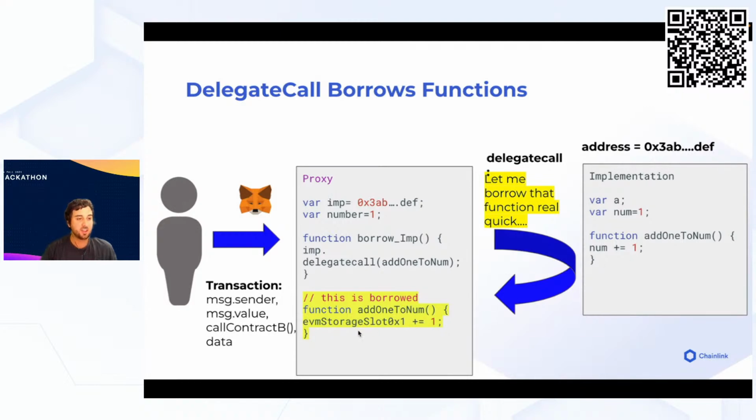It's going to say, hey, get that EVM storage slot 0x1 and add plus one to that, right? So it turns out here that this imp variable would have the storage slot 0x0, and our number variable would have 0x1. So it's going to add one to our number.